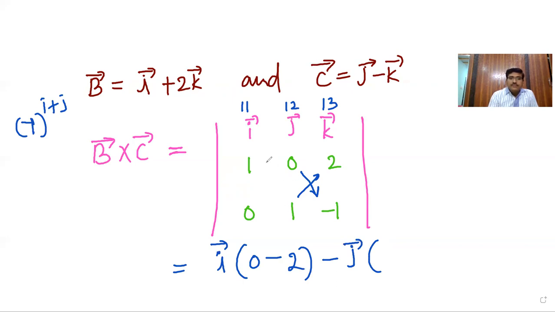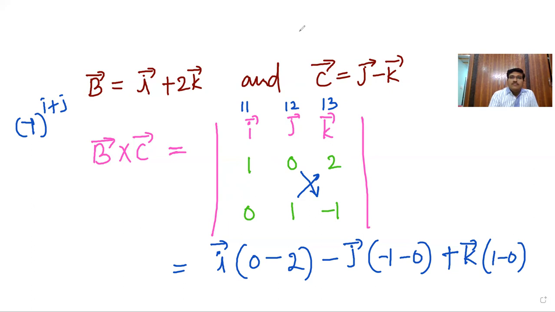Leave the first row, second column, and this into this: 1 into minus 1, minus 1, 0 into 2, AD minus BC, 0. Plus, minus 1 to the power of i plus j, 1 plus 3, 4, positive only. So k bar I put. AD minus BC, leave the first row, third column, this minus this, 1 into 1, 1, 0 into 0, 0, that is 1 minus 0.